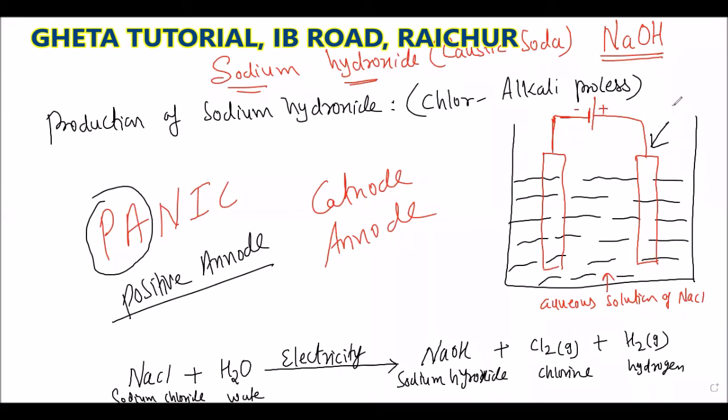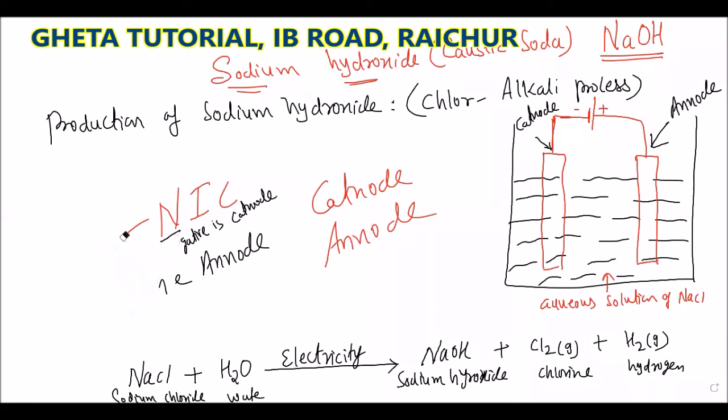So this is called the anode electrode. N-I-C: N means negative, I means is, negative is cathode. So this one is the cathode. Very good. If you remember that much, it is easy.